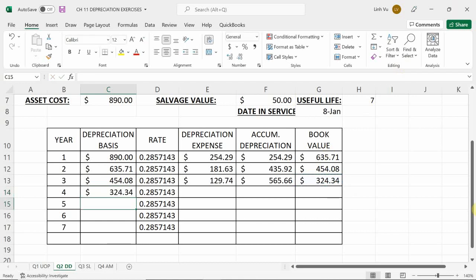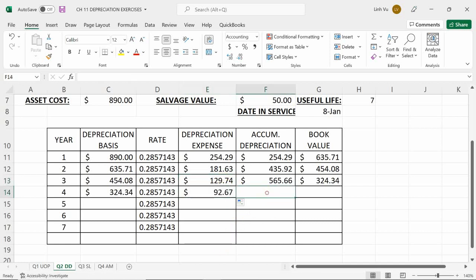Okay. Now we have 324.34 by the rate. The rate we have is the same, 0.285714. Okay. 324.34 times that gives 92.67.